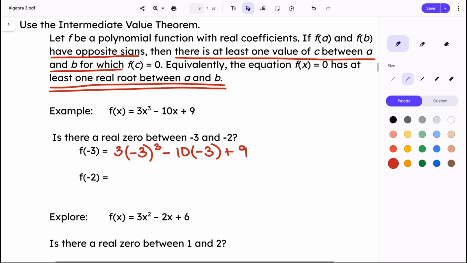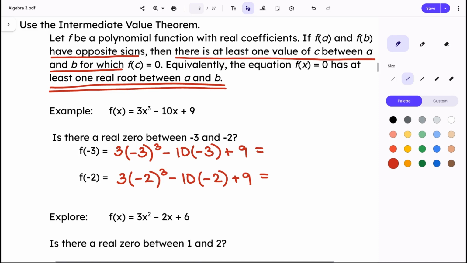So I'm just plugging it in. I'm putting it in for all my x's here. And now I just need to know what those answers are. Again, you can manually type that in, with parentheses around the -3 and the -2. I'm just going to hit table, and I'm going to type in this equation: 3x to the third minus 10x plus 9.